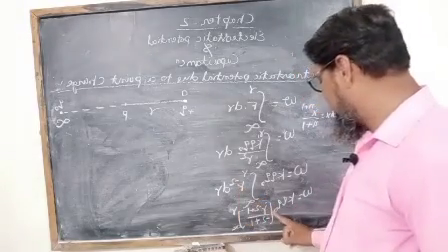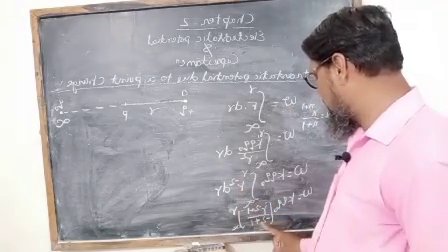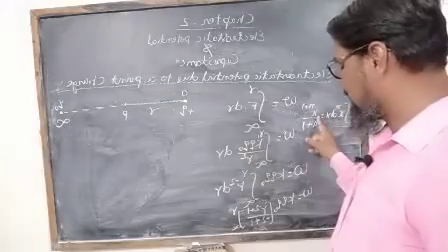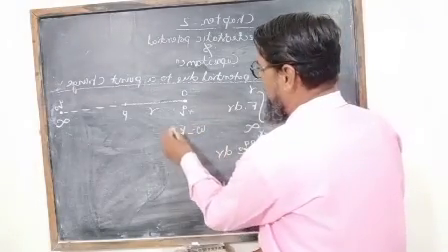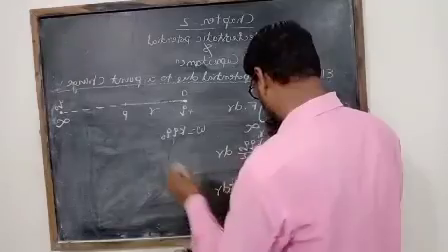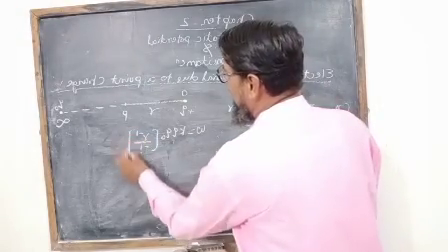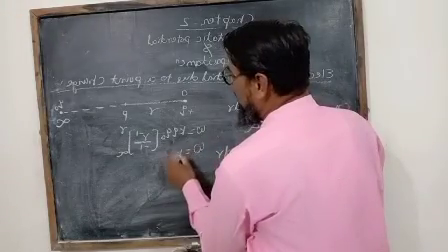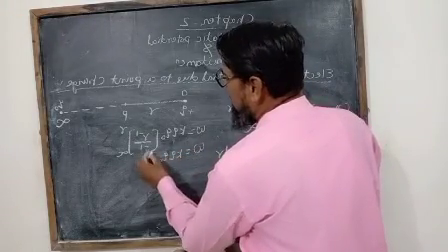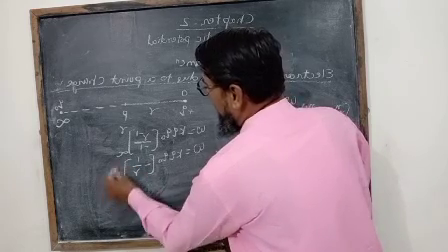So according to this formula, W is equal to KQQ0 times r power minus 1 upon minus 1 from infinity to r, or W is equal to KQQ0 times minus 1 upon r from infinity to r.